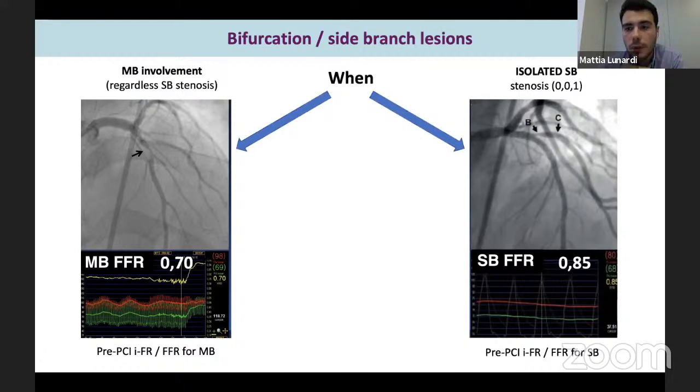But if you have an isolated side branch stenosis, a Medina 001, you can assess the functional significance of the side branch in absence of any involvement of the main branch, and it is reliable, and it was also demonstrated by some studies. But in the case, as I said previously, where we have both the branches involved, you have to stent the main branch first, and then you can reassess the side branch with the FFR or IFR.